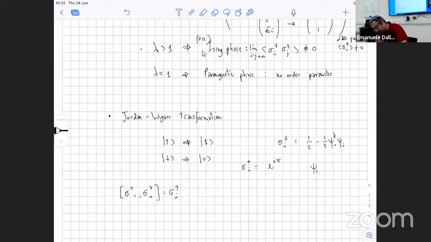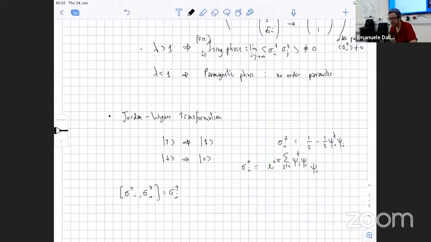E to the i pi sum over j smaller than i of psi dagger j psi j. This is going to be our transformation. In other words, every time that we create a fermion, we flip a spin, we acquire a phase, and that phase depends on the occupation of all the sites sitting on the left of our state.